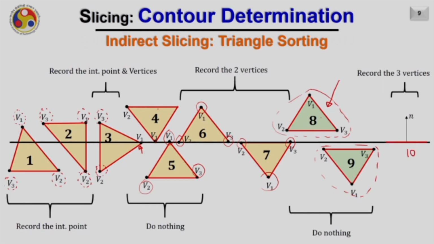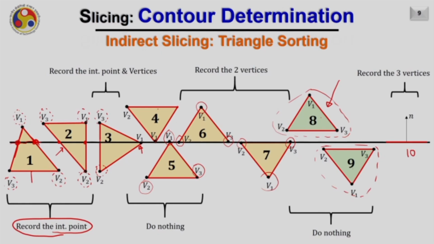Now let us discuss what we need to do in these cases. For case 1 and case 2, you need to record the intersecting points. The intersecting points are nothing but the intersection between this line and the horizontal plane and this line and the horizontal plane. There are a total of 2 such points and we need to record these intersecting points. The same thing will be applicable for case 2 as well.